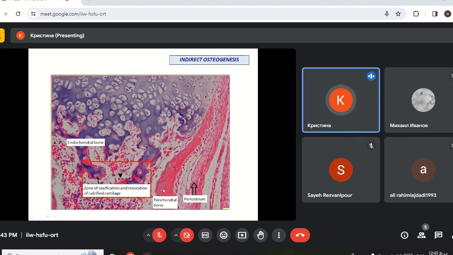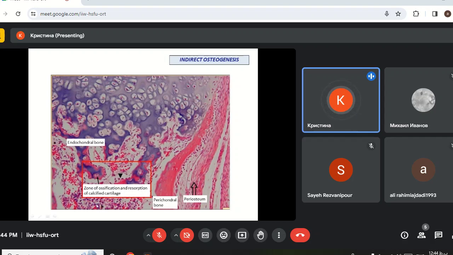Our perichondral bone develops from the osteogenic cells of periosteum. You can see here the active osteoblasts, and inside this perichondral bone the osteocytes are embedded, and our perichondral bone consists only of bone tissue. It is equally pink in color.